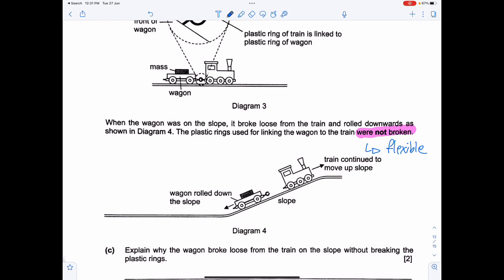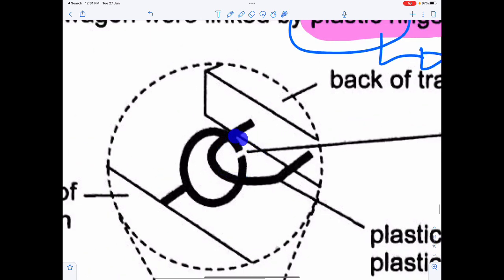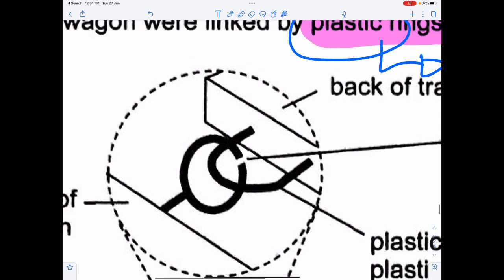So ask yourself this question: how could it have broken loose? The only way it could have broken loose is if this gap here becomes bigger, and the only way this will become bigger is if it stretches. But it says here it didn't break. So I need a material that doesn't break, and just nice, it's made of plastic.